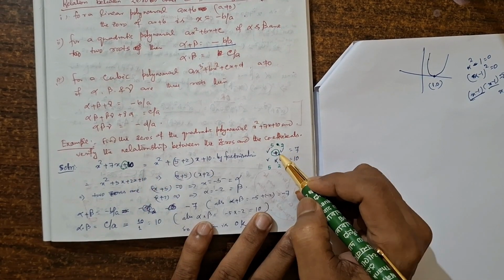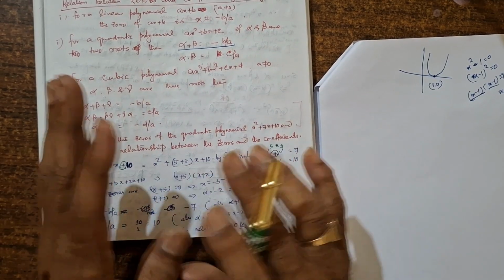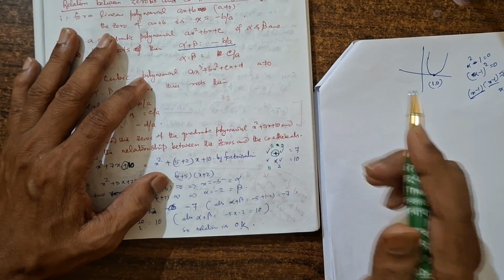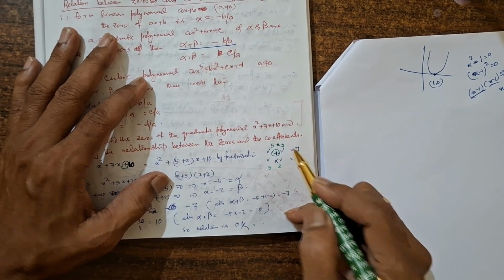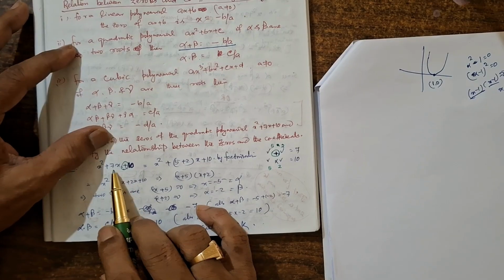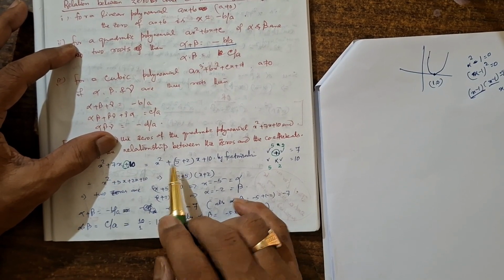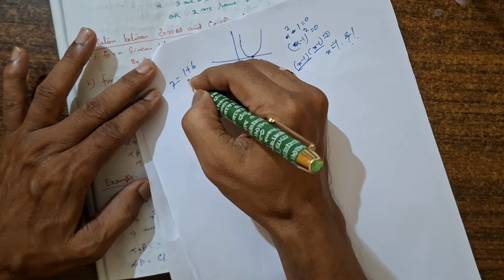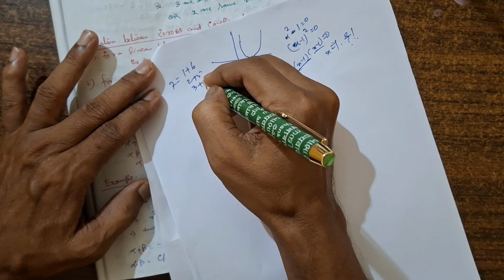This is plus, so both will be plus. We will not take a minus b, no, a plus b, two numbers, one is a and the other is b. So 5 into 2. We can break 7 as 1 plus 6, 2 plus 5, 3 plus 4.